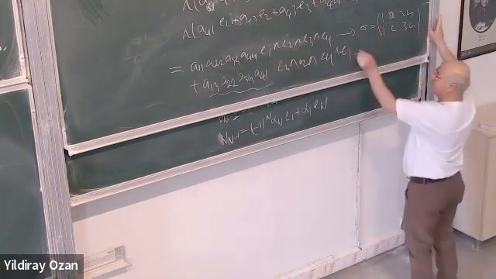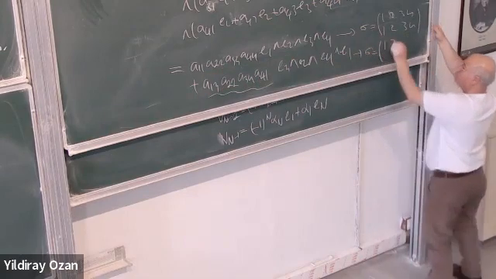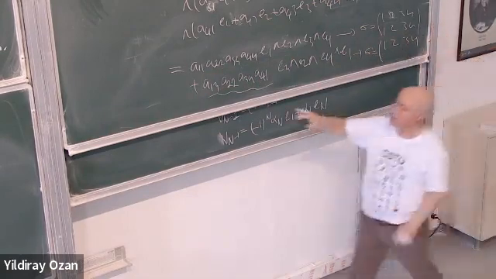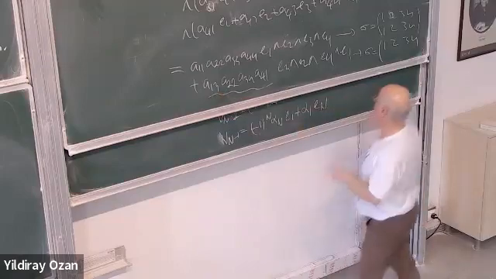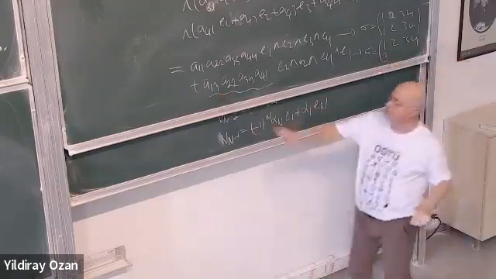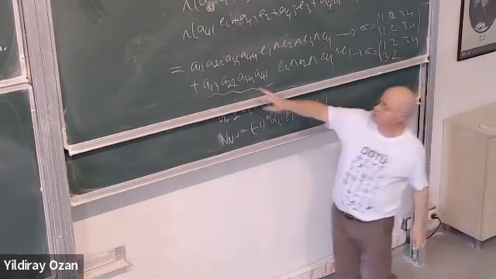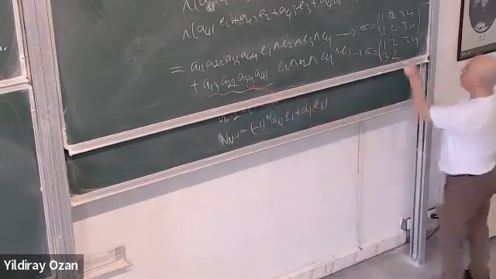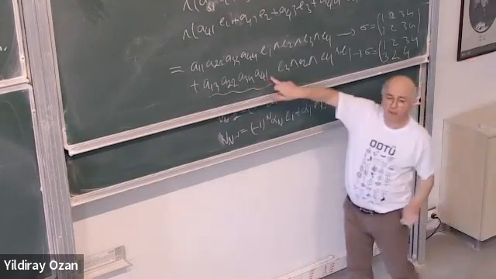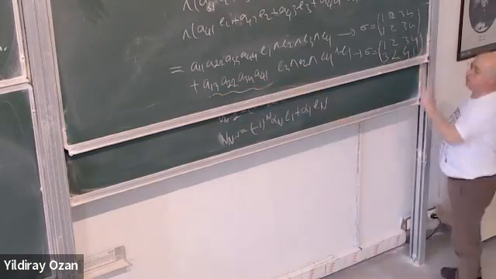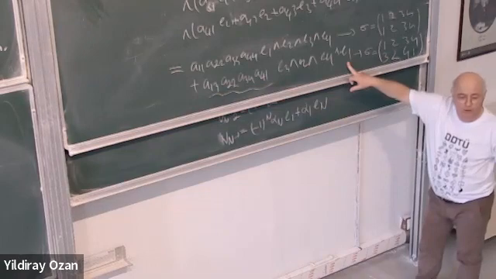But here, sigma is what? 1, 2, 3, 4. First one is mapped to 3. Second one is mapped to 2. 3 is mapped to 4. And 4 is mapped to 1. Okay?